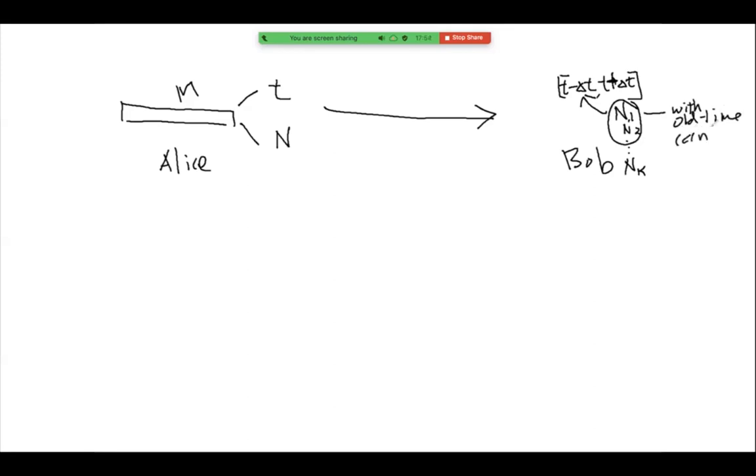So this way, Bob doesn't have to store a huge number of nonces. Only in a small time window, he stores all the nonces.